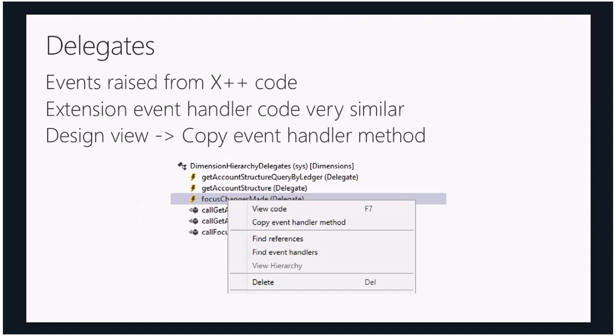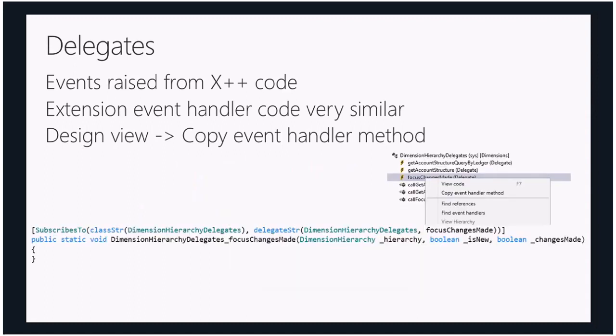You can see all of the delegates on a class by viewing that class in Design View. Then you can copy the event handler boilerplate code just as you did with the events in forms or tables. The event handler code can be copied into any class. Again, the mechanism that ties this together is the attribute itself. Depending on the type of delegate, the parameters can be very specific to that scenario.